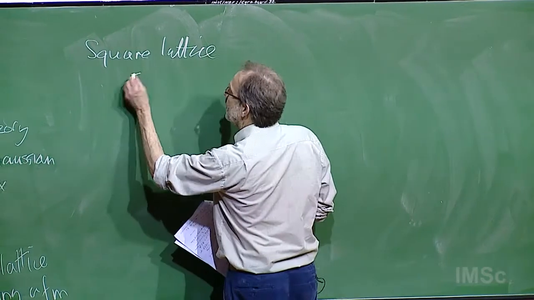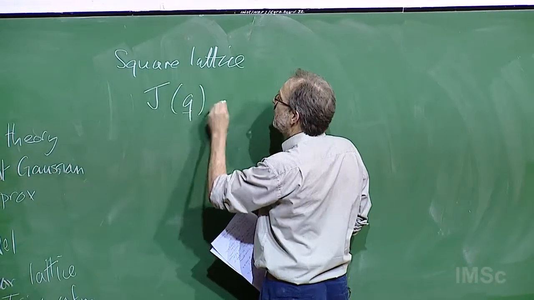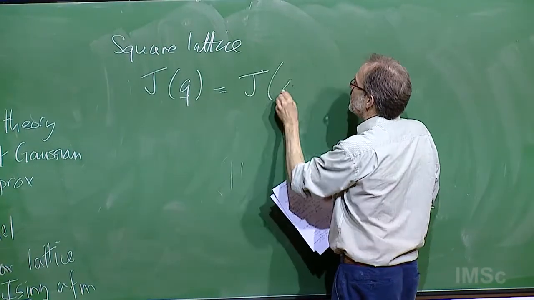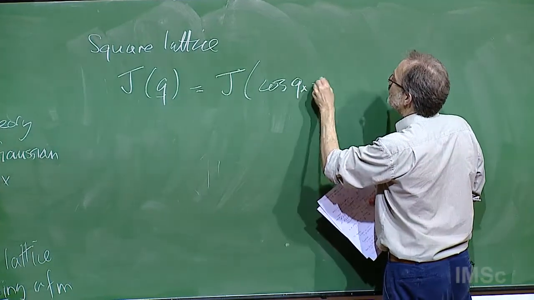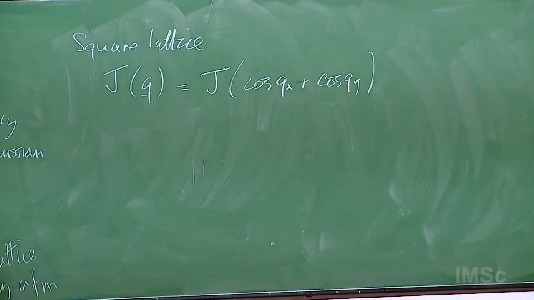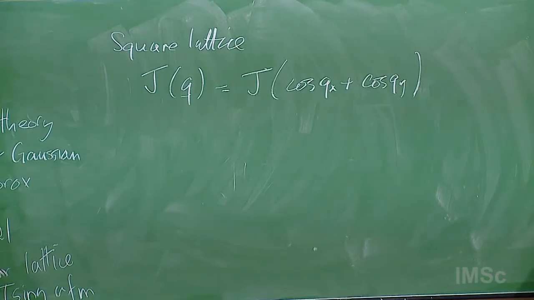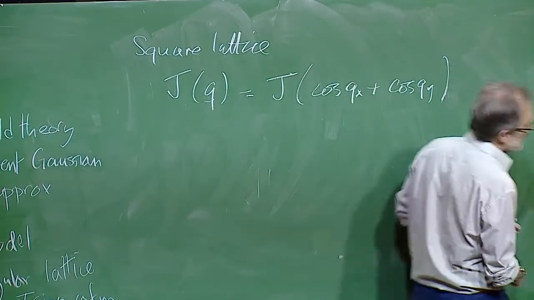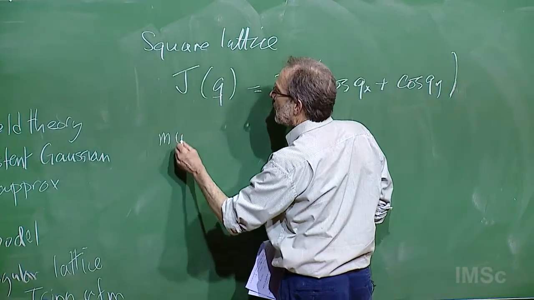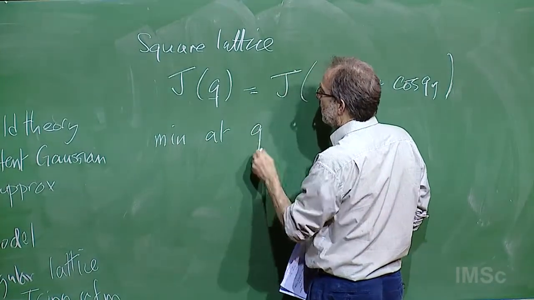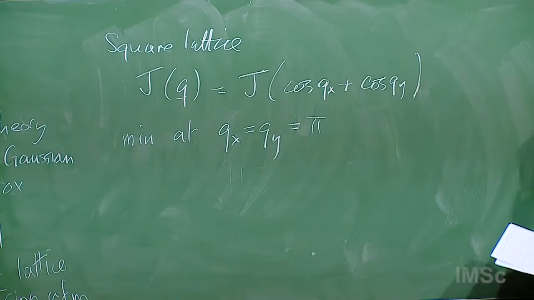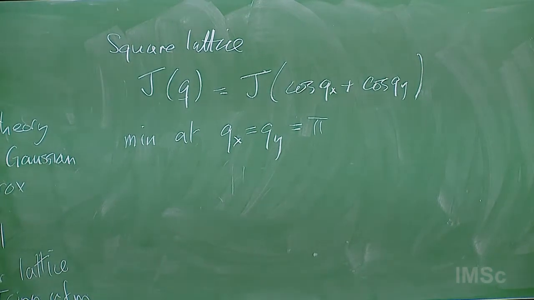And what we get in that case is a J of Q, which is J times cos Qx plus cos Qy. So if J is positive for antiferromagnetic interactions, it has a minimum. That's this E min that I'm talking about, which is at Qx equals Qy equals pi. I'm working in units of the lattice spacing.